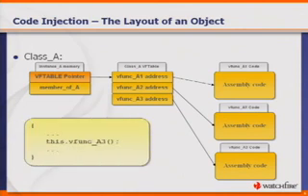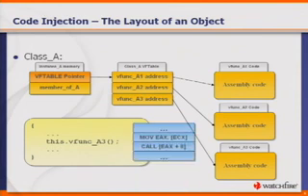Okay, so let's see what actually happens behind the scenes when the application executes this line of code. It is compiled to something very similar or equivalent to these assembly lines. Whenever an application uses an object, it usually points to the beginning of the object with ECX. ECX is a register that can hold a DWORD value, that can hold a pointer in the memory, and it usually points to the beginning of the object.